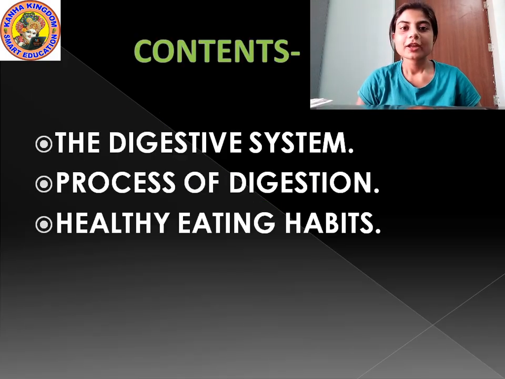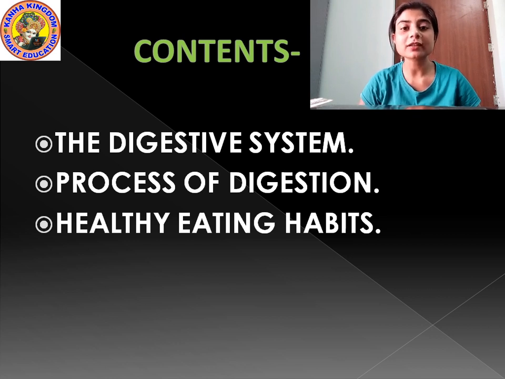So students, today we will start with the digestive system and the digestive organs. What are the digestive organs that are involved in the process of digestion? Understood? We will study that. Then how the process of digestion begins, what the different processes of digestion in our body are, and how these organs help in digestion.